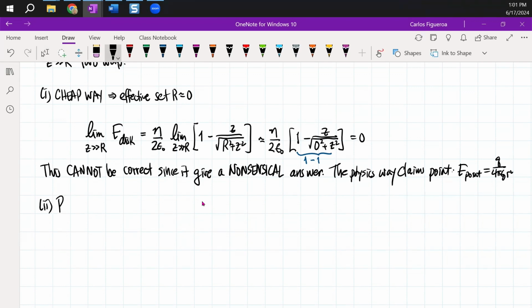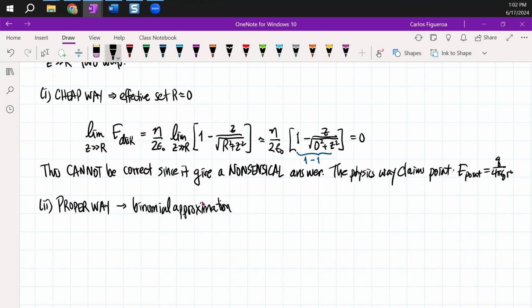So you've got to pay attention here and make sure that you're following the physics. And this way, we're going to use the binomial approximation. So let's do that.